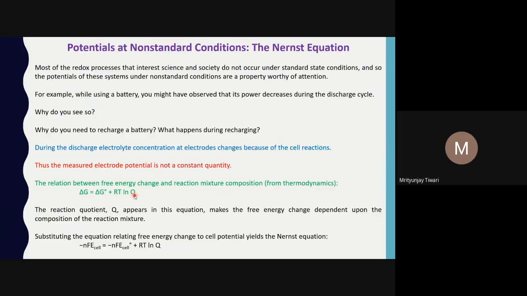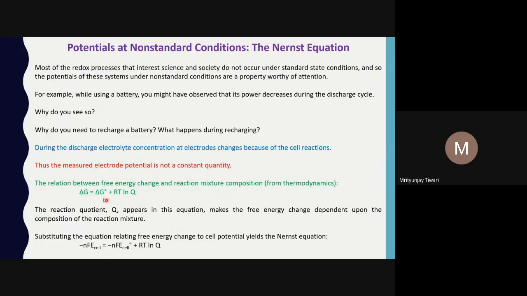It need not be the equilibrium concentration, but once the concentrations of reactants and products become equal to the equilibrium concentrations, Q becomes K, and delta G becomes 0 at equilibrium. That is how we get the equation delta G naught is equal to minus RT ln K.